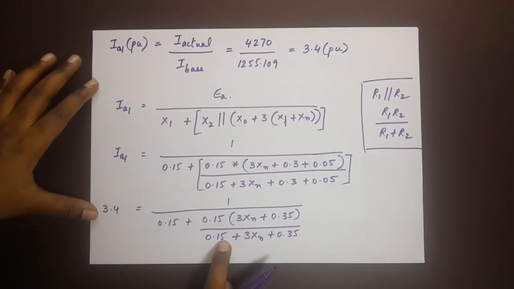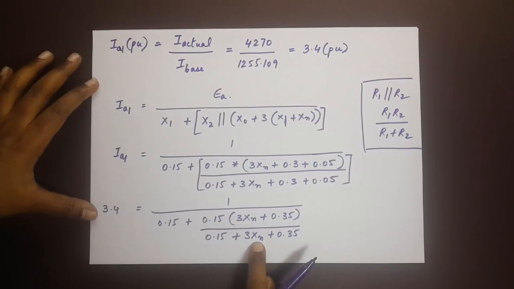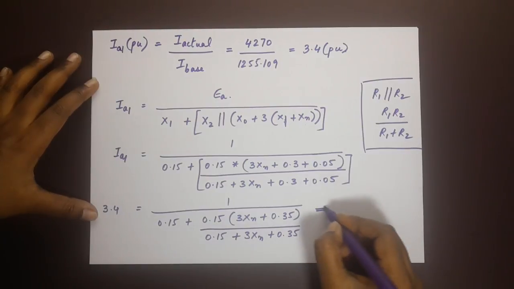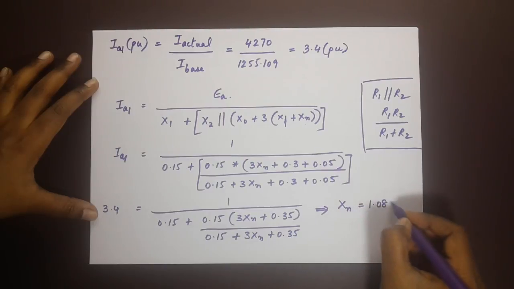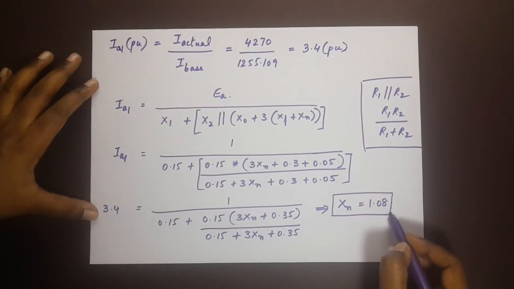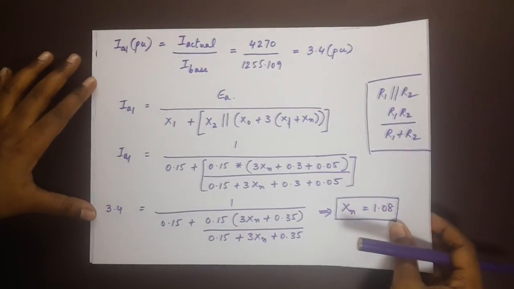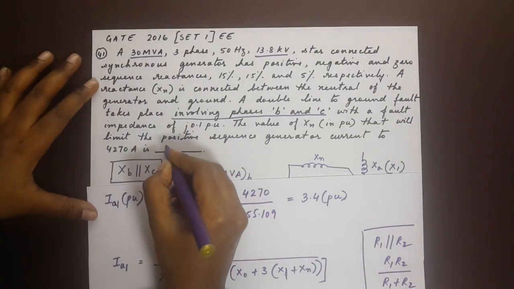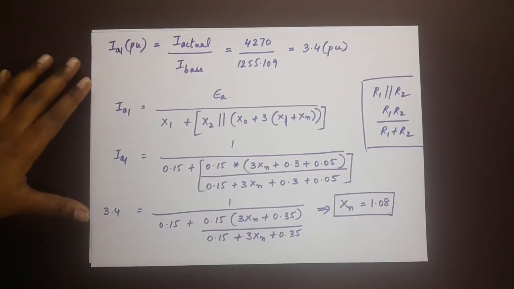You'll have to cross multiply and then take the common denominator and then solve for Xn. So you will know that after solving, your value for Xn comes to 1.08. So please solve the rest of that portion and check if your value matches with 1.08. Here is the final answer. I hope this has helped.